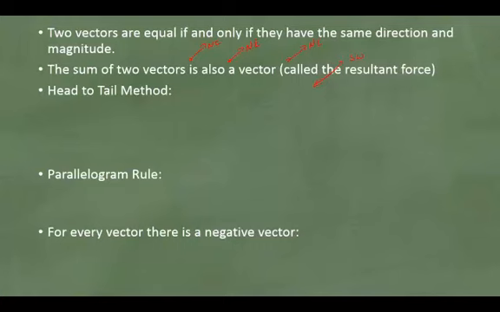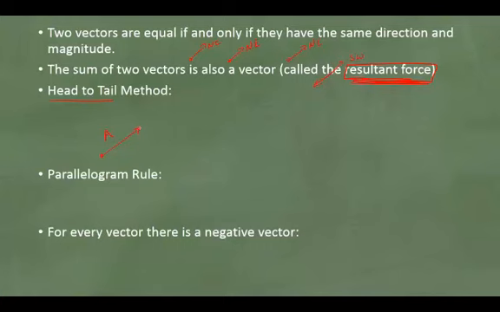The sum of two vectors is also another vector, and we call that one the resultant force. And there's two ways to add vectors. You can take one vector, let's call this one A, and you can add it head to tail. So you can add the head of one to the tail of another one.